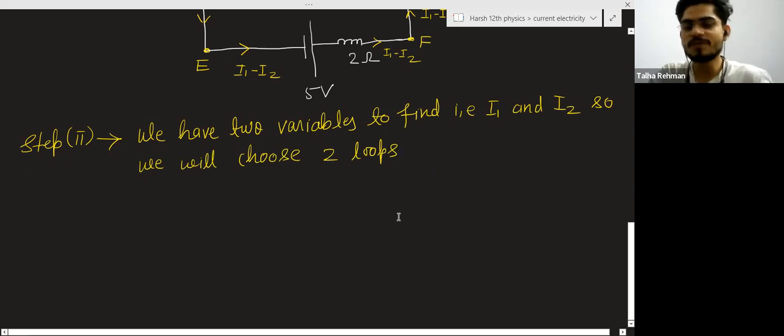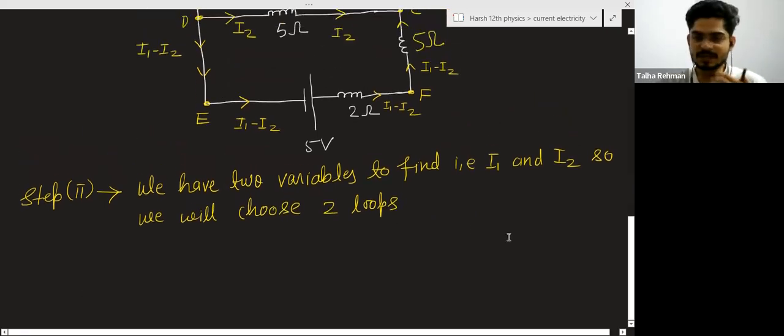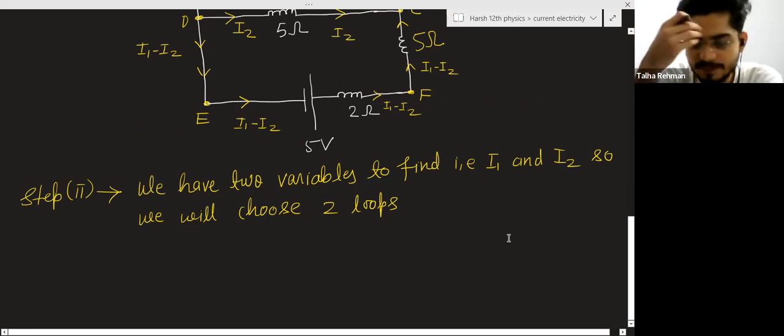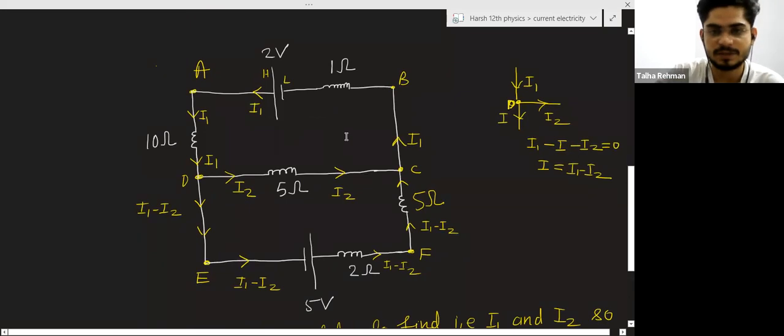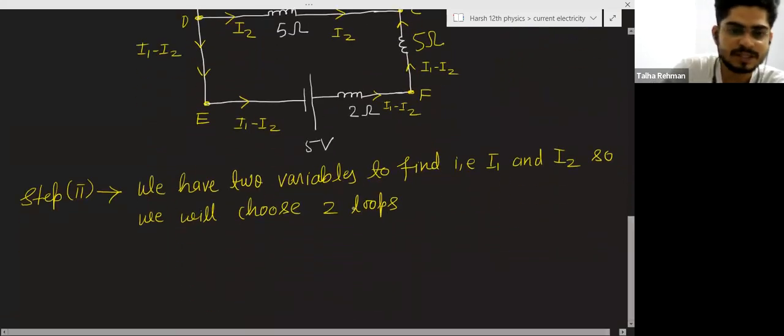The number of variables will tell us how many loops we have to choose, means on how many loops we will apply the KVL. The third step: I have taken this loop first, and then I will take this loop.